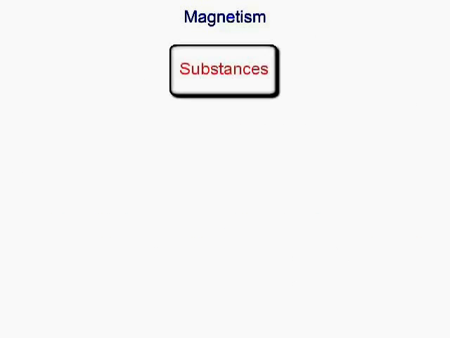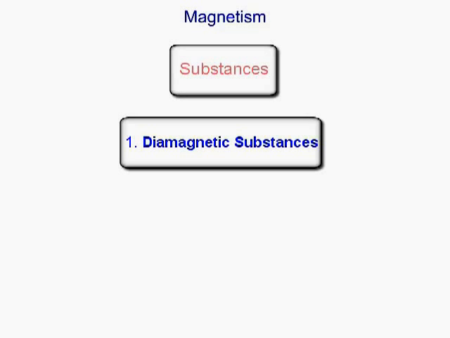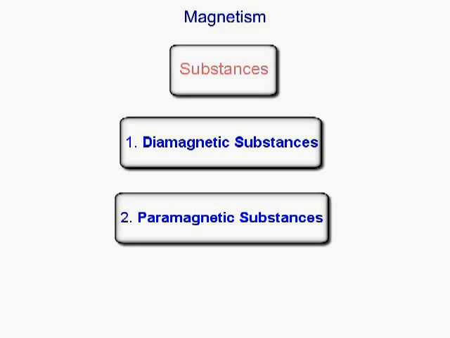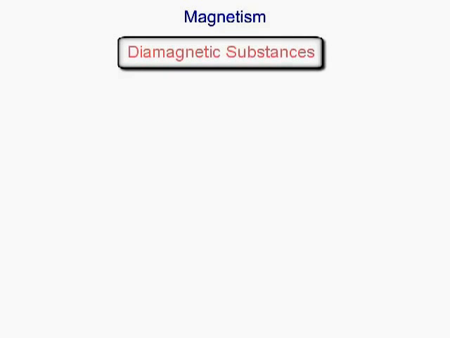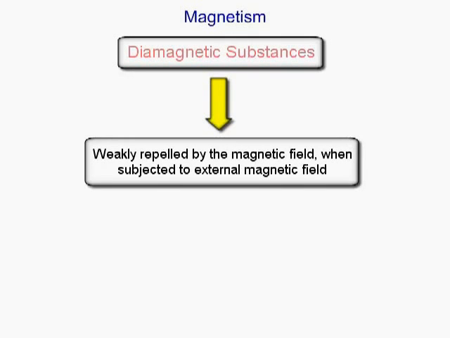The substances can be classified into three types: diamagnetic substances, paramagnetic substances, and ferromagnetic substances. Diamagnetic substances are the substances which are weakly repelled by the magnetic field when they are subjected to external magnetic field.